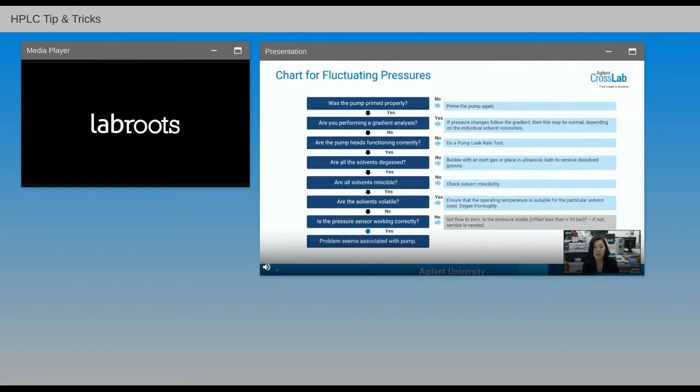Imagine if it's volatile, but the temperature in your environment is warm. Maybe the solvent will slowly evaporate, and then the amount of solvent, or even the mix with the water content, will no longer be the same. That will also affect the separation and the retention time, because the solvents are the mobile phase that plays an important part in helping the peak separation.